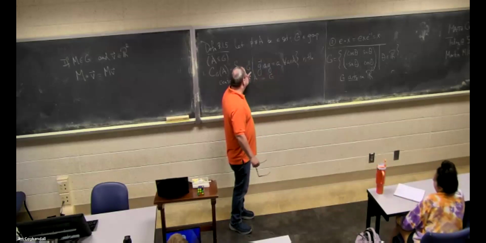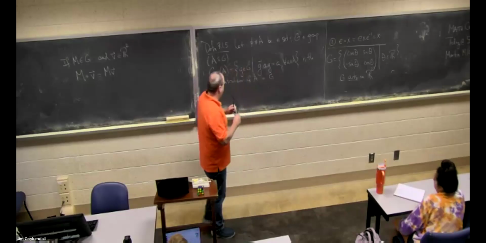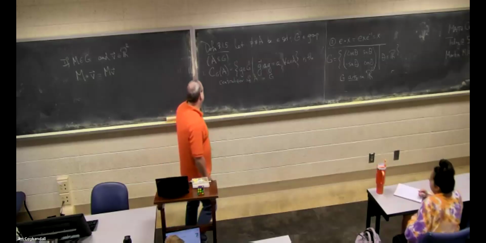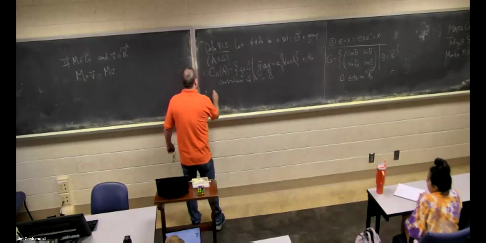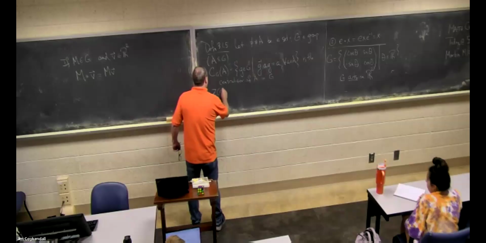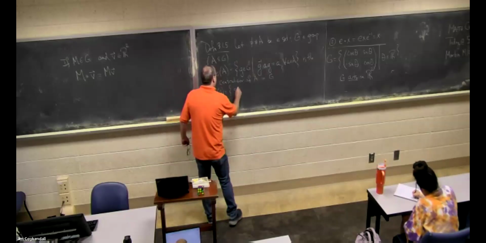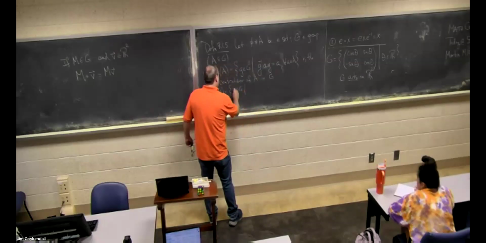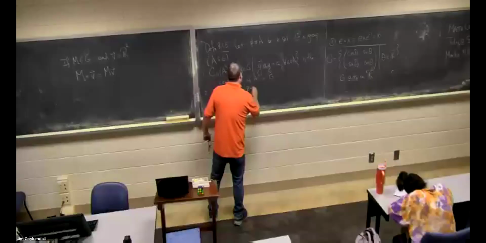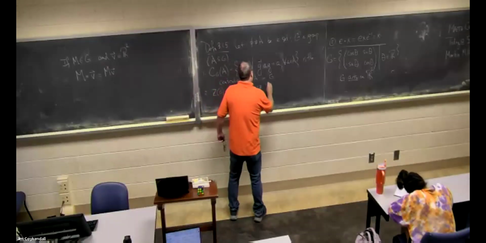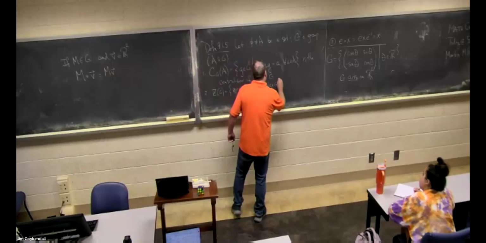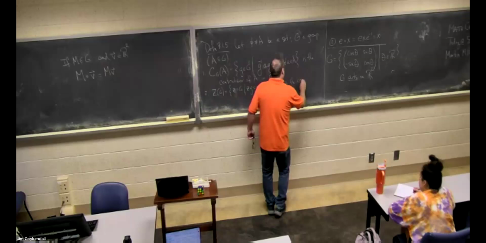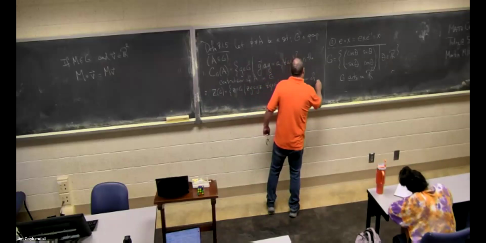And so this is basically everything in G that commutes with everything in A. This is called the centralizer of A in G. Along these lines, number two is the center of G.